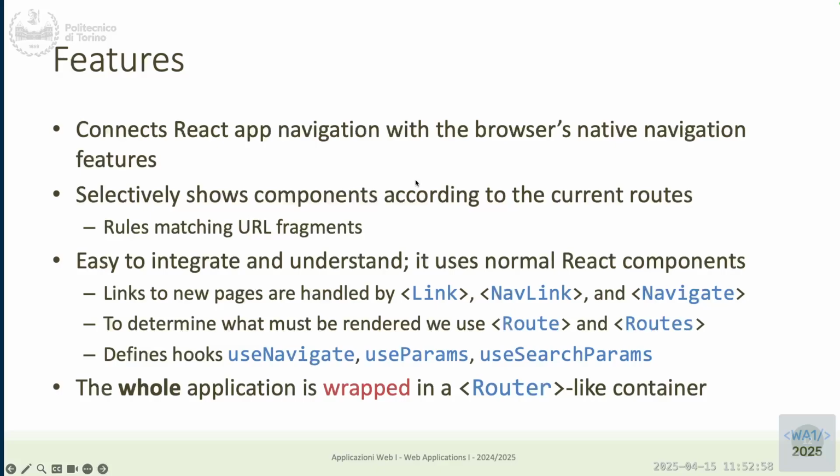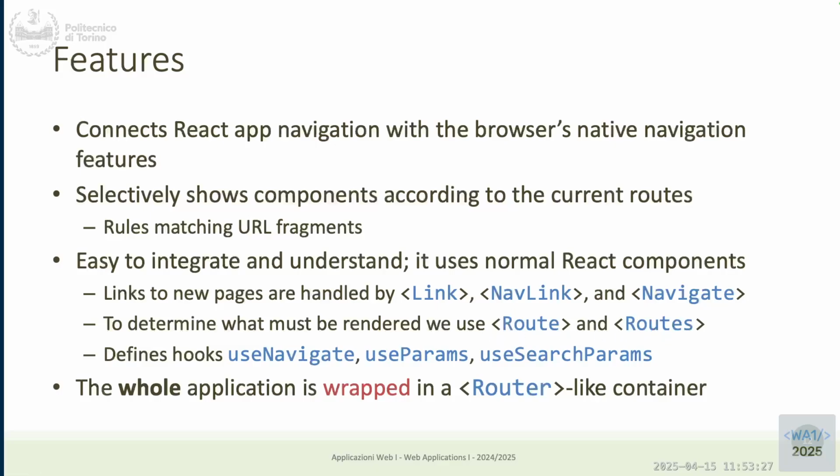How does it work? It helps us customize navigation, and it provides a handful of components. Basically, there are some components for switching the page, so deciding what to show depending on the current URL. These are the routes components, Route and Routes.